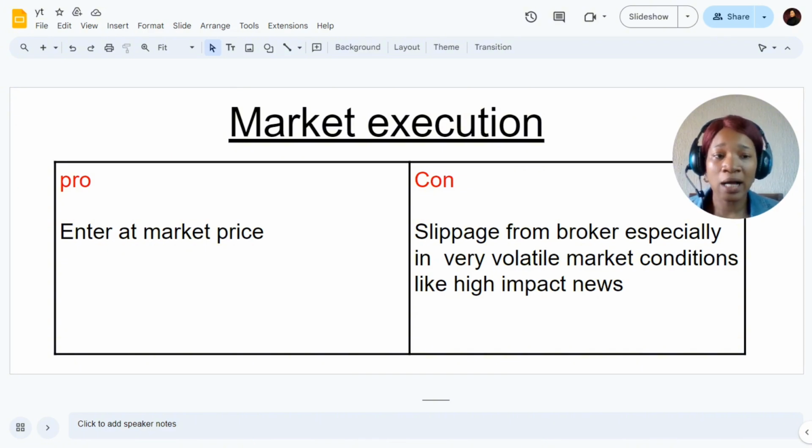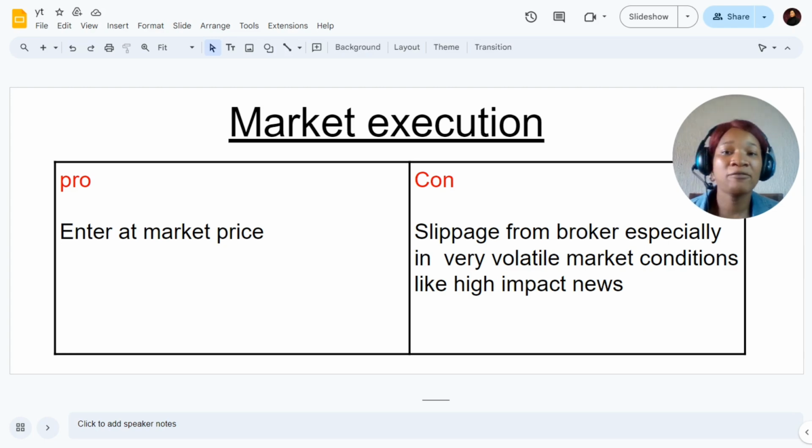So there are pros and cons of market execution. Number one, the pro is that you get to enter at the market price that you are seeing, all right? Then the con is that, especially in a very volatile market, you may experience what we call slippage from broker, especially in a very volatile market condition, like high impact news.